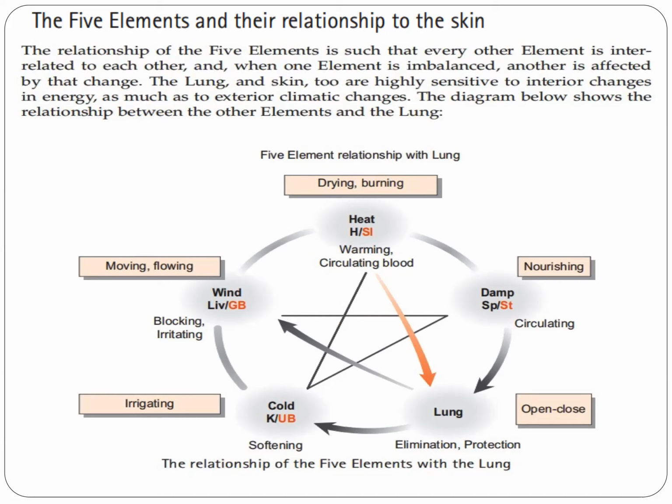The lung and the skin are highly sensitive to interior changes in energy, as much as to exterior climatic changes. The diagram below shows the relationship between the other elements and the lung. So we have here a diagram showing the relationship of the 5 elements with the lung, and this can be fully explained in the next slides. Next slide, please.